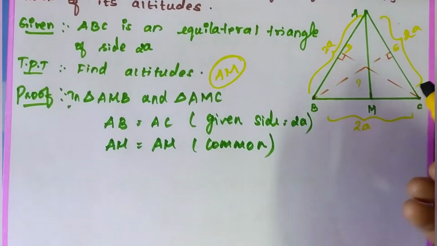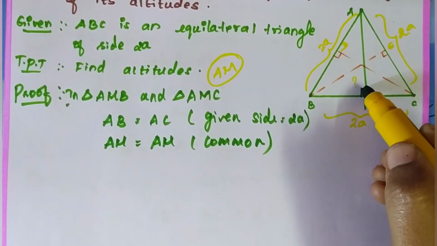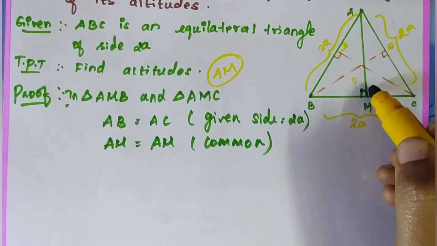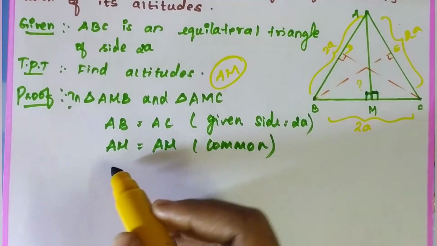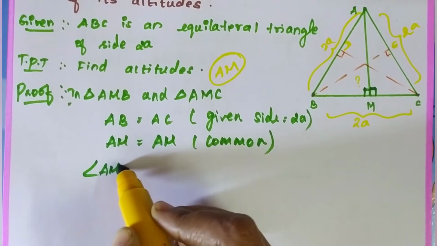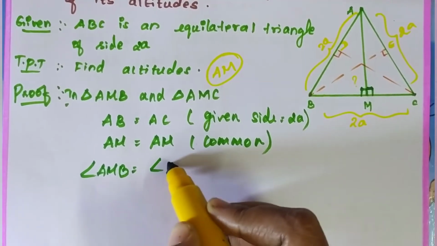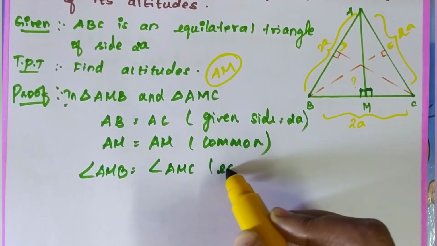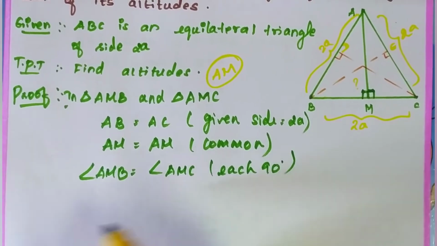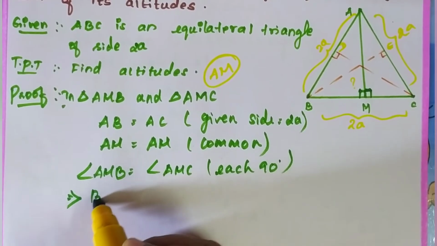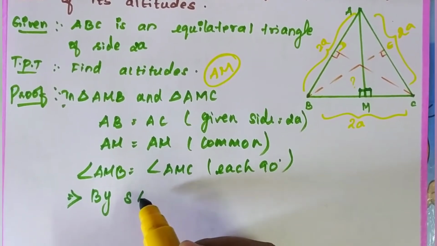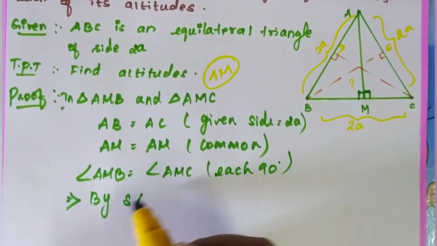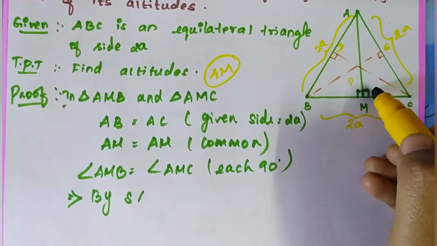And since this is a perpendicular altitude, it must be perpendicular to the side BC. So angle AMB is equal to angle AMC, each 90 degrees. So I can tell by SAS, or otherwise we can use the RHS rule also.